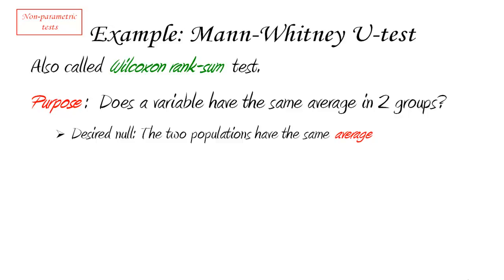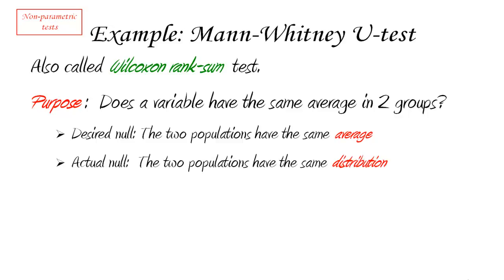Turns out actually that we need a slightly stronger null hypothesis. The null hypothesis that this test actually requires is that the two populations have the same distribution. So not just the same average, let's say the same median, but the same distribution. This is not a far-fetched or unusual thing, because remember, for instance, the t-test and ANOVA both require that the variability in all the samples being used has to be the same, right?